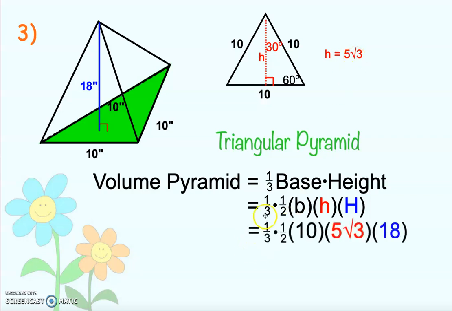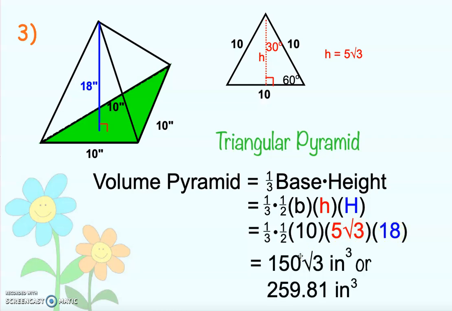So this becomes 1/2 times 1/3 times the base, 10, times h, 5 radical 3, times 18, and we get one of those two answers. One of them involves a radical, the other one we used our calculator on. Let's try one more here.